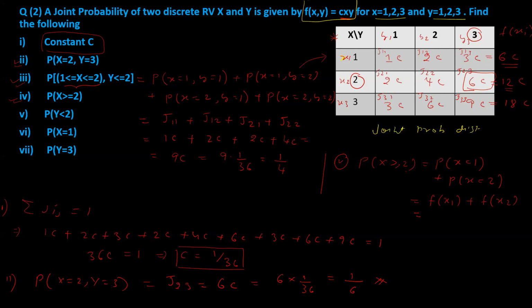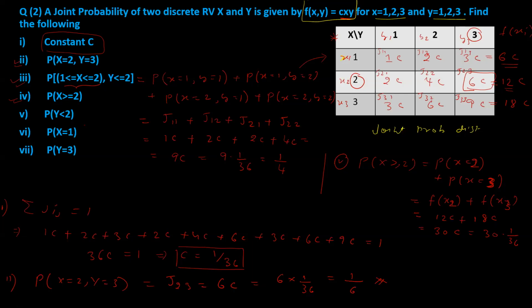It is greater than or equal to 2, no? Sorry, so this will be x equal to 2 and 3. I'm sorry, 1 will not come. So this will be x2 and x3 I'm talking about. So this will be 12c plus 18c, which is nothing but 30c. So you can calculate this. You will get 30 into 1 by 36.